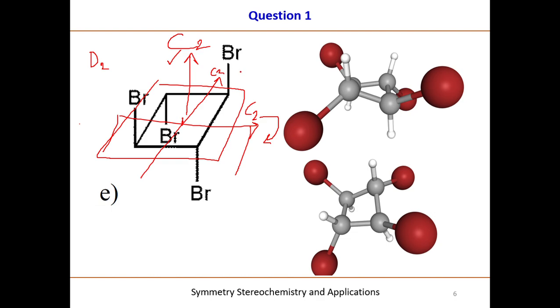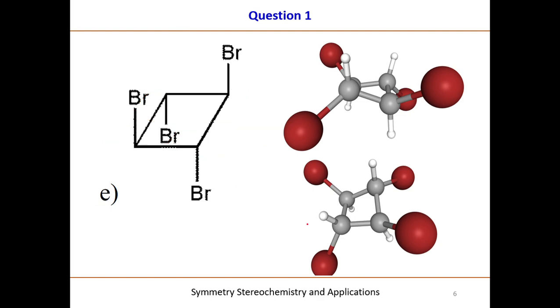That means we will not get the image or molecule which will resemble the original one. We will get a different one, that is not indistinguishable. That means sigma H is also not present here. Now we will check for the dihedral plane.